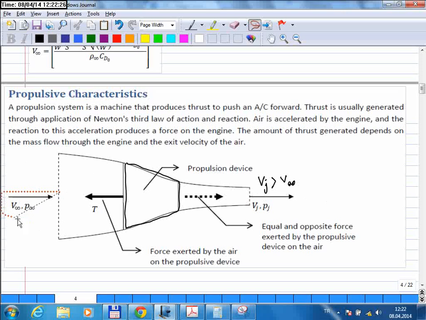The engine takes air in and then accelerates it by applying a force. So Newton's second law of motion is in action there. And as a reaction, the same amount of force is applied by the air on the engine. And that reaction force is what forms the thrust force.